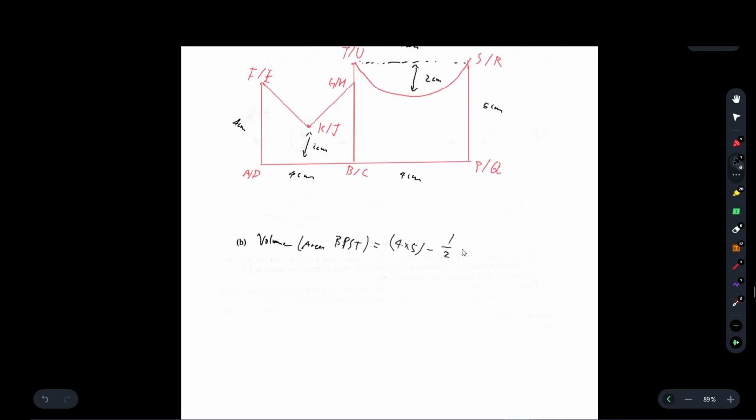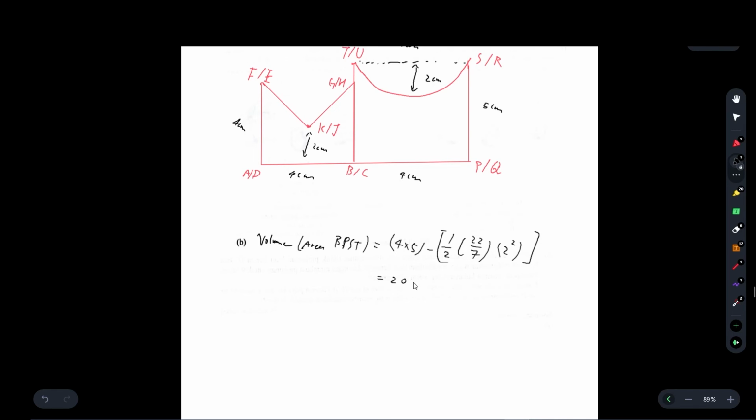So 1/2 pi r squared. Because it's a semicircle, it's half of the circle, so that's why we need 1/2. 1/2 pi r squared. So 22/7, and our radius is 2 squared.